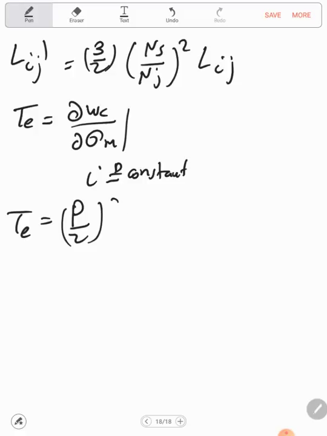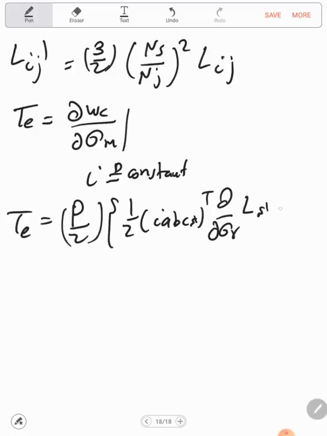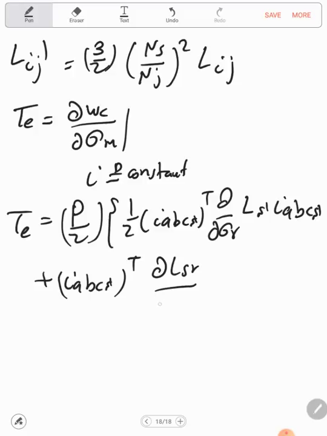So this will equal 1 over 2 IABCS transpose, partial by partial theta R of LS, IABCS, plus IABCS transpose, partial LSR by partial theta R, IQDR dash.